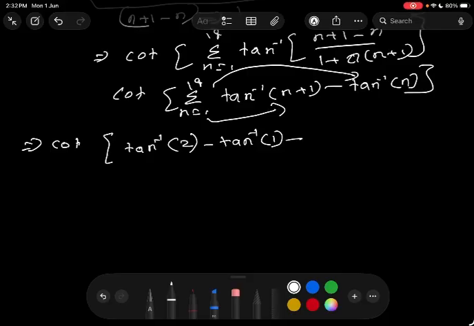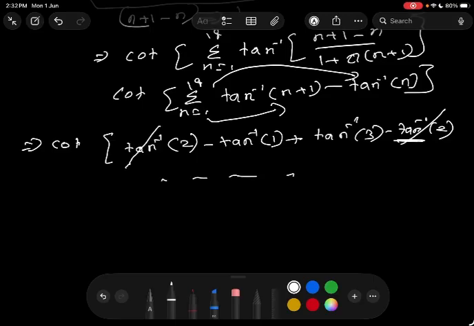And then we got this term, and we are going to add more terms. So 2 plus 1, which is tan inverse of 3, and here it is going to be tan inverse of 2. If we keep on applying, as you can see, this term and this term are going to cancel out, and similarly this term and that term will cancel out like that.